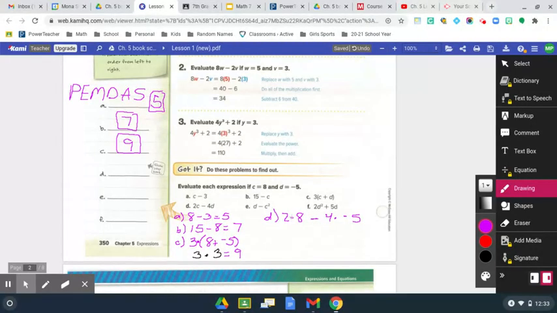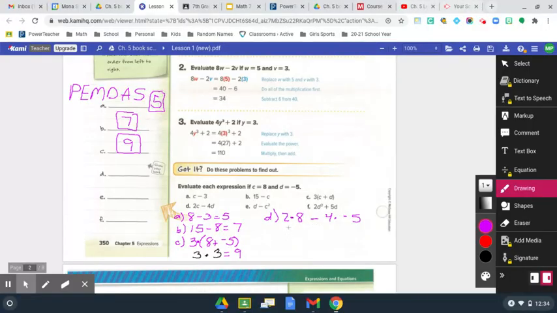You're going to take the 2 and multiply it by the C value of 8. You're going to take the 4 and multiply it by the D value of negative 5. And then you're going to subtract. So when I say that, I'm talking about order of operations, right? We're going to use our multiplication first before we do anything with subtraction.